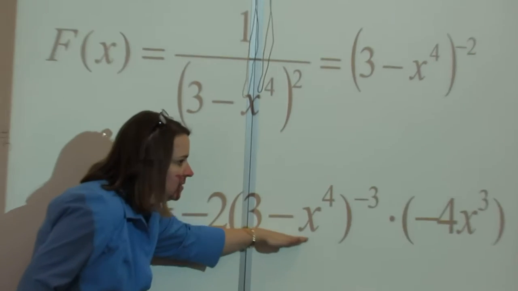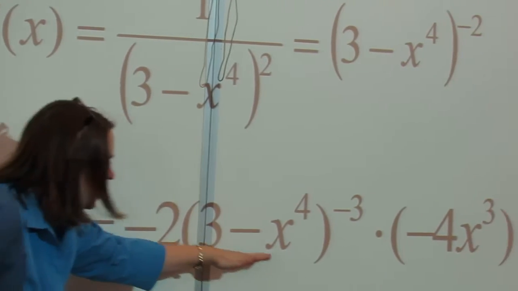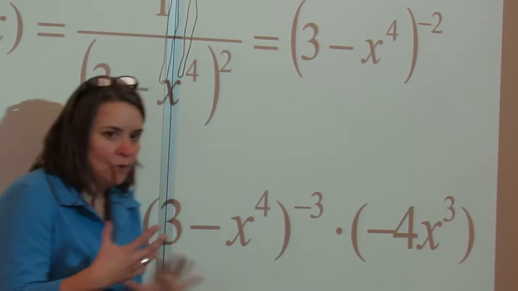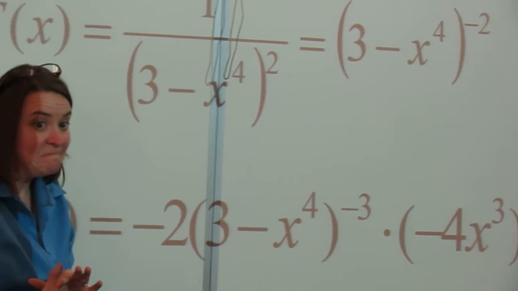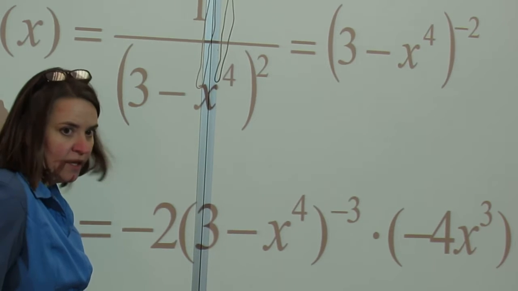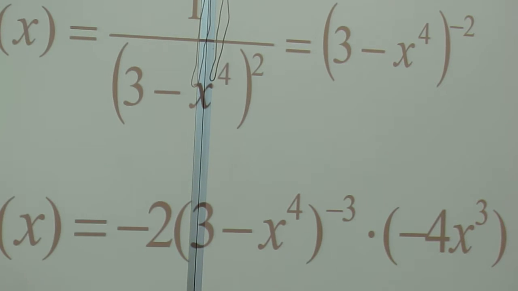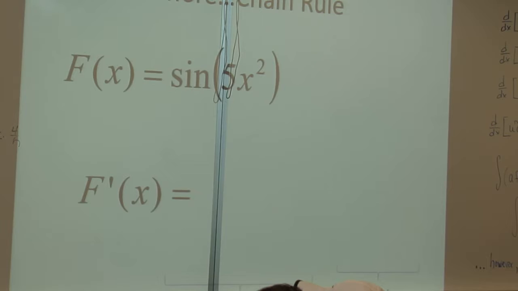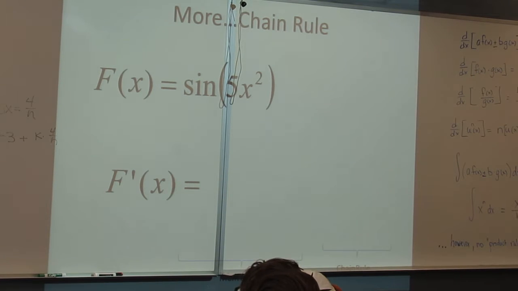Can we spot an inner function? And is there a factor of u prime out to the side? Yeah. We're going to be able to integrate this in a moment and get back to where we started. Be a final exam question.